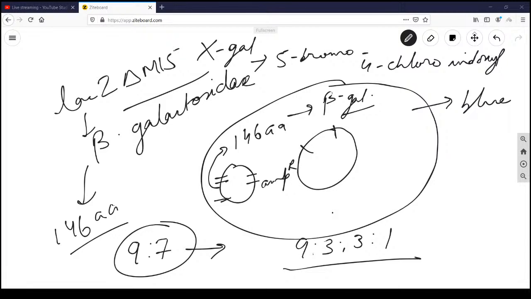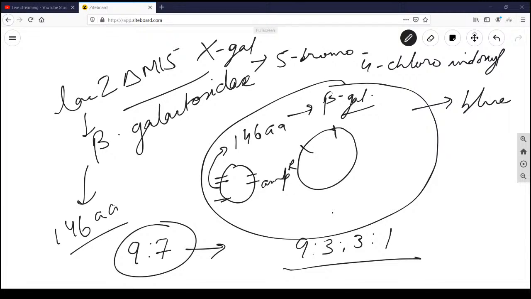Independent assortment of genes, question number 103, does not take place when genes are linked and located on the same chromosome.